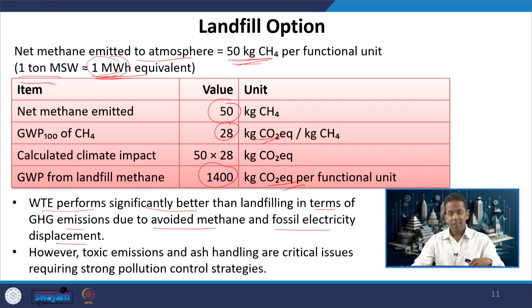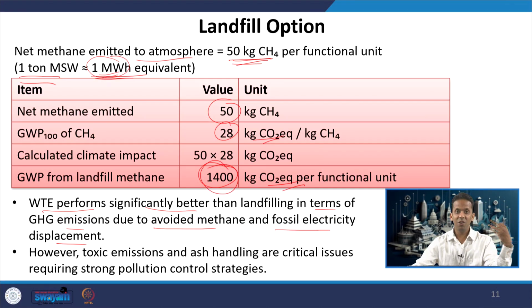Since the waste which was going to landfill and would have released methane emissions is now going to the waste to energy plant, the waste to energy case already has a lot of credit on avoiding this methane emission on the GWP side. Okay.